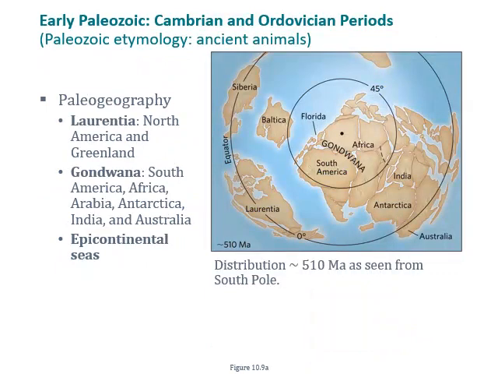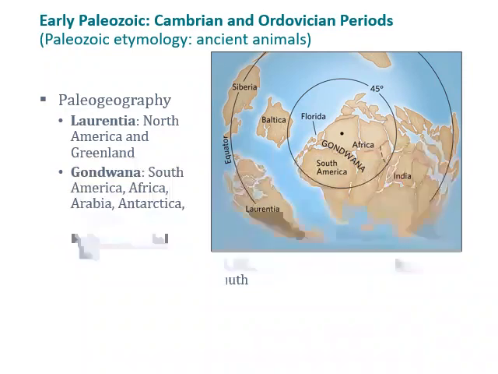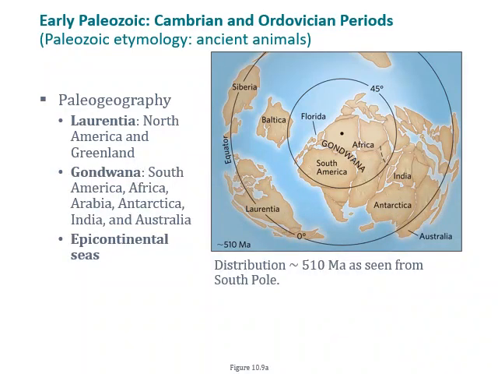Much of our discussion about the Phanerozoic will include references to paleogeography, or ancient geography. This is important because the Phanerozoic is the eon in which life on Earth became very complex and radiated out onto land from the oceans.